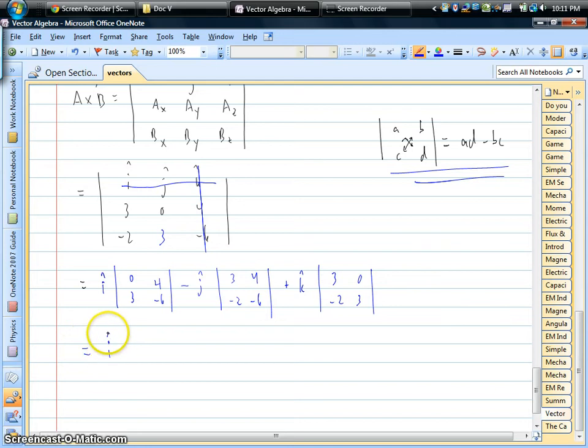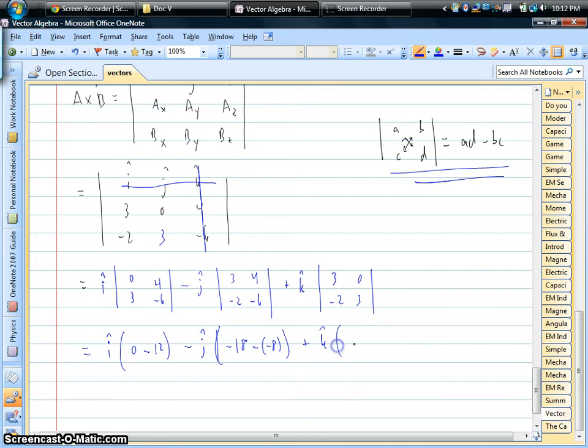For our x component, we have 0 times -6 is 0, 3 times 4 is 12, but we've got that minus sign there, so -12. For the y component, 3 times -6 is -18, minus -2 times 4 is a -8.